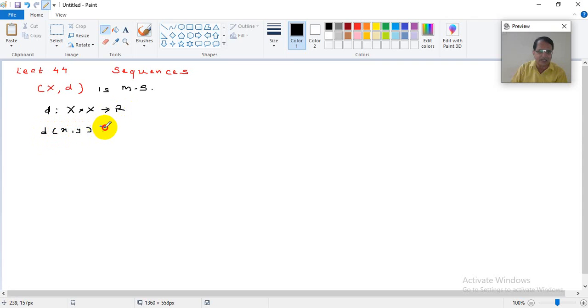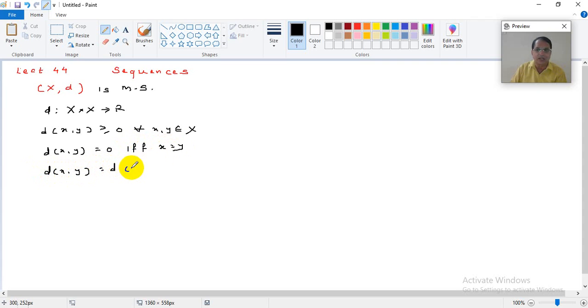d(x, y) is greater than or equal to 0 for all x and y belonging to X. Then d(x, y) is equal to 0 if and only if x is equal to y. This is the second property. Then d(x, y) is the same as d(y, x).